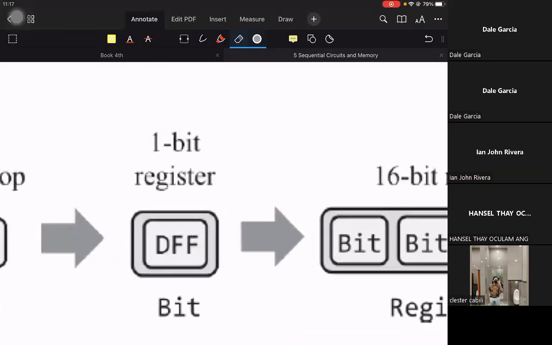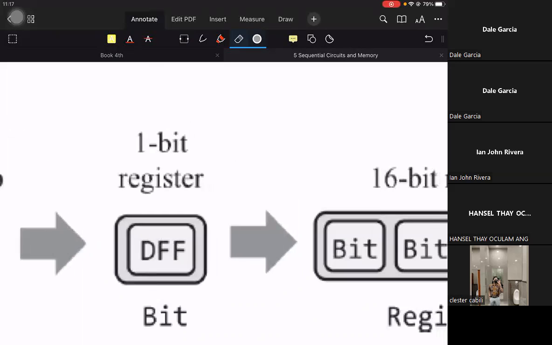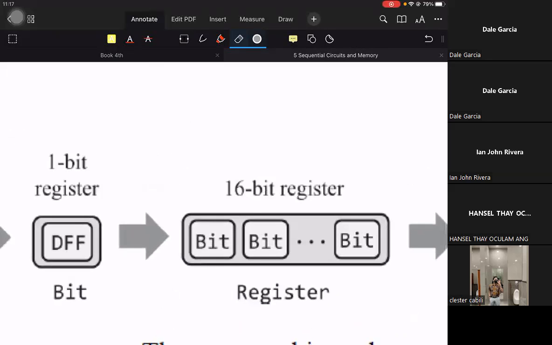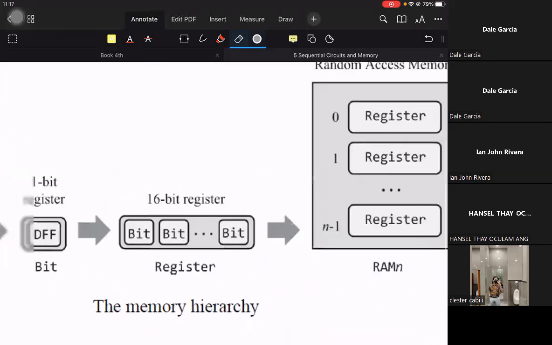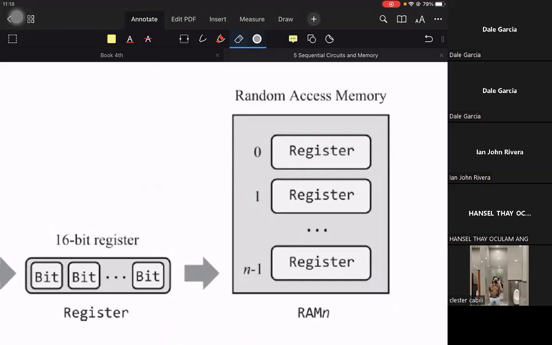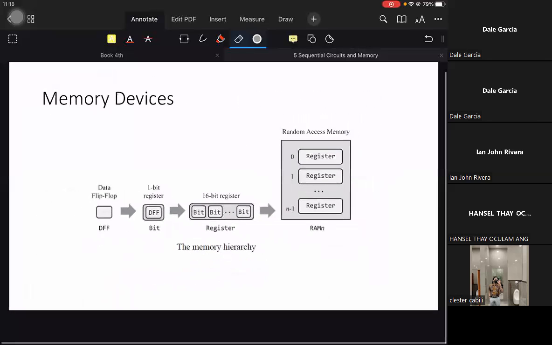That 1-bit register we array 16 times, which will give us a 16-bit register, and our 16-bit register will make up our random access memory. That's the simplified, top-level analysis of the RAM. In the same way that the ALU is made up of a bunch of NAND gates, the RAM is made up of D flip-flops.